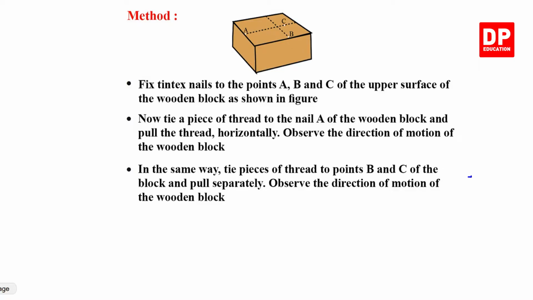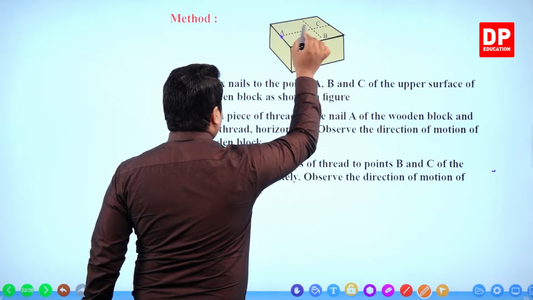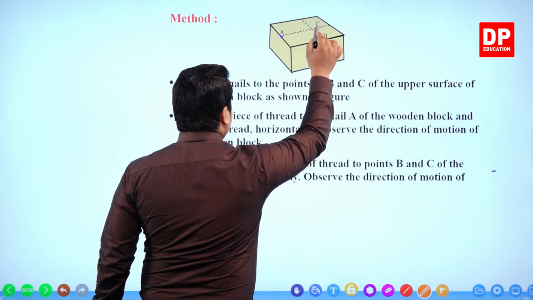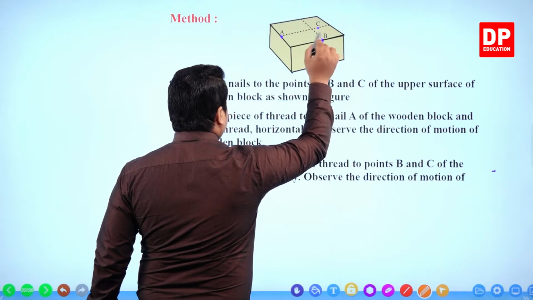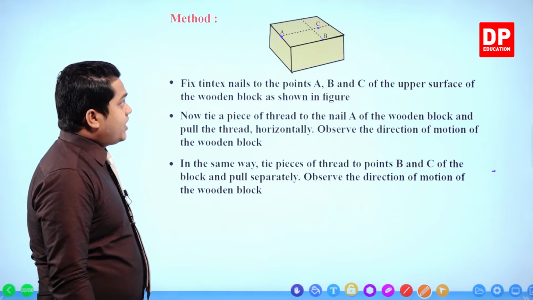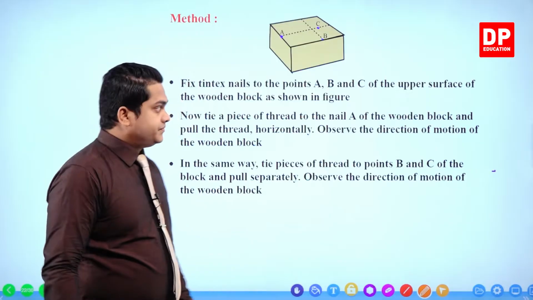So here you can observe three points A, B and C. This is A, this is B, and this is C. So you have to fix three Tintex nails on each of these three points A, B and C.